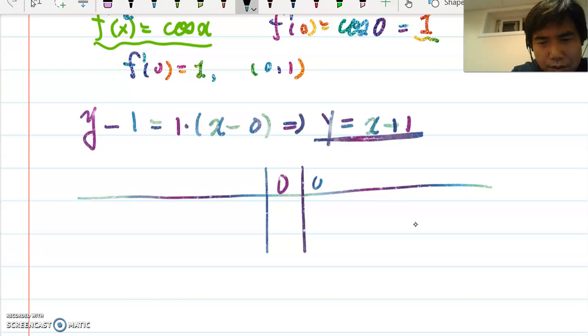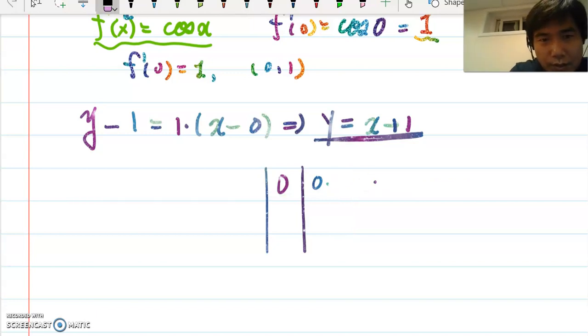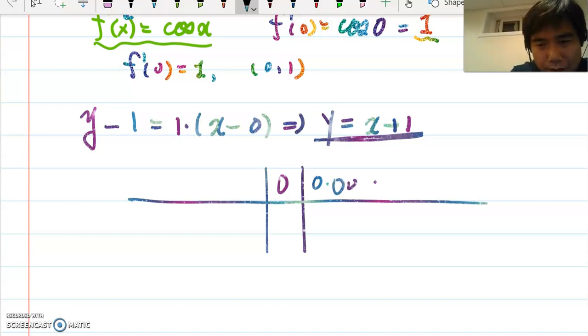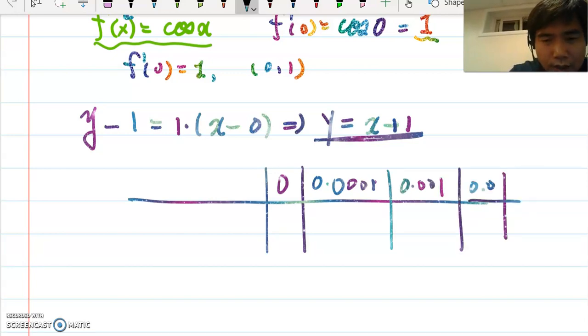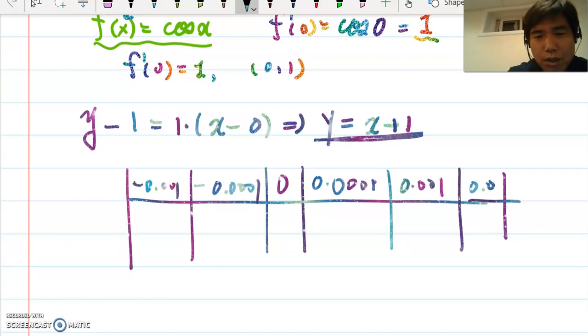Maybe 0.1, and then 0.01, no, actually it's much closer than that. 0.001, 0.0001, and then negative 0.0001 and negative 0.001. Now you just plug those values into the linear function here.